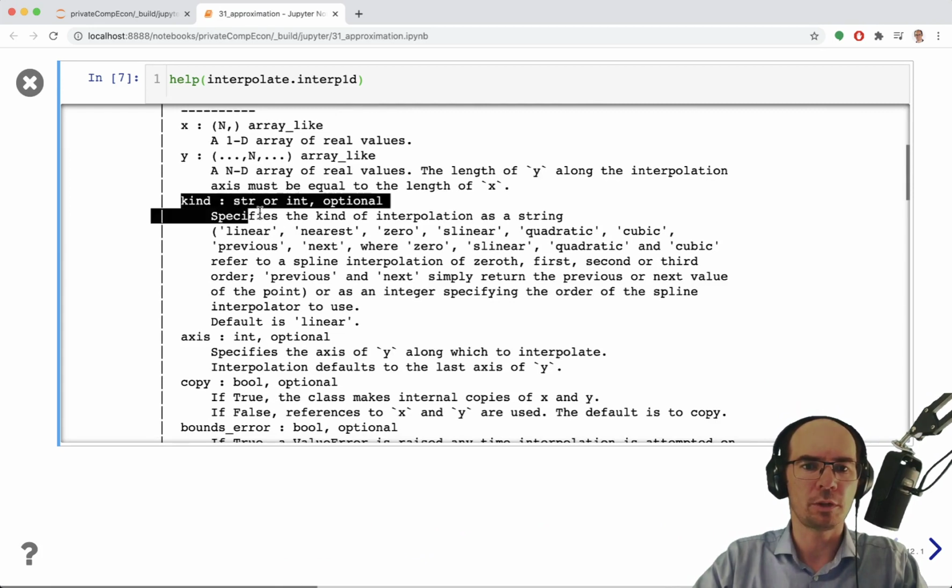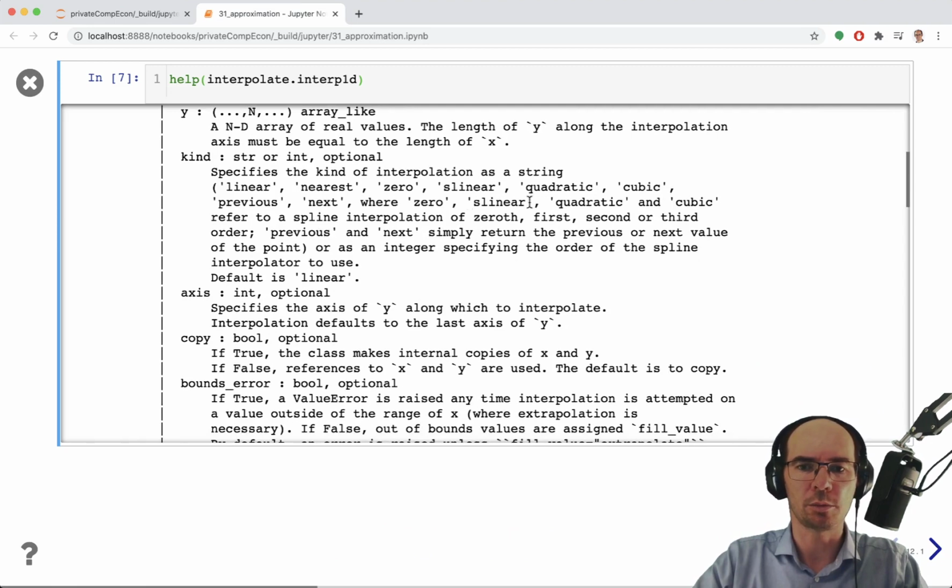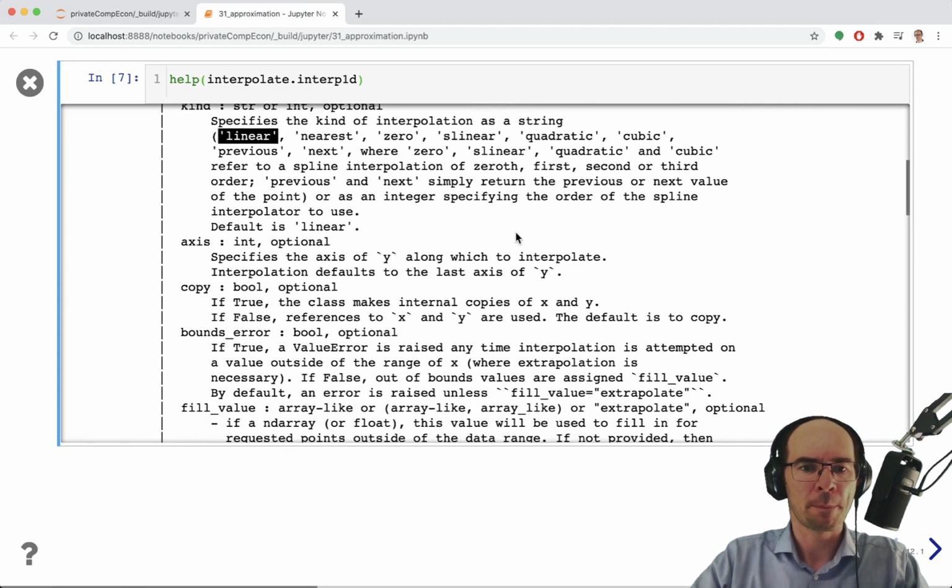We have an option to choose the kind of the interpolation, which can be a whole lot of different things: linear and nearest, zero, quadratic and cubic for splines, and slinear, which is, I believe, the same thing as linear. We'll look at them in a moment.